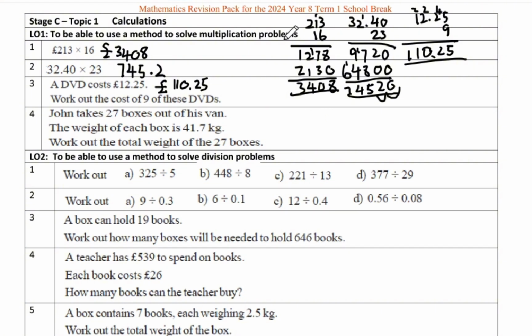And question 4. John takes 27 boxes out of his van. The weight of each box is 41.7 kg. Work out the total weight of these 27 boxes. So we will take 41.7 multiplied with 27.